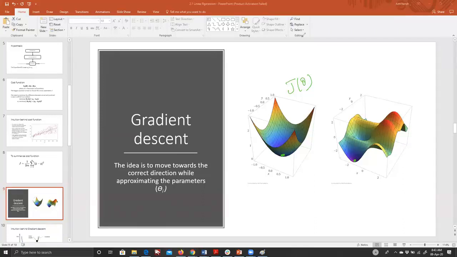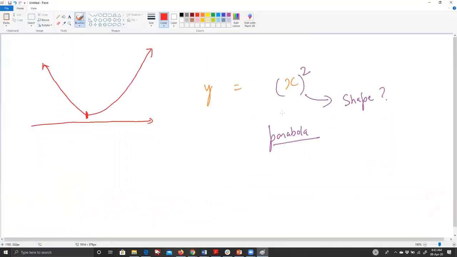Now the problem is, how do you do it? What does gradient mean in mathematics? It's a direction. Slope. Slope, very good. How to calculate gradient? Tan theta. Tangent.